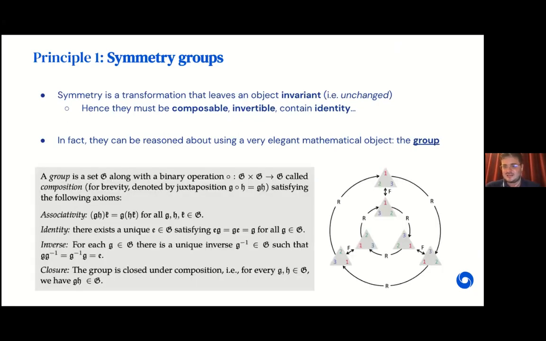Here, just to illustrate this, assuming you don't deeply work in group theory, on the left-hand side I've listed all the standard axioms of a group, which is a set of these symmetries along with the binary composition operation. The group must satisfy associativity, invertibility, closure, and the identity symmetry. The identity function must by default be a symmetry.